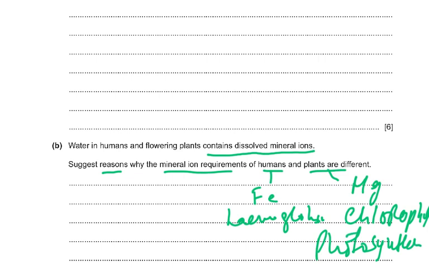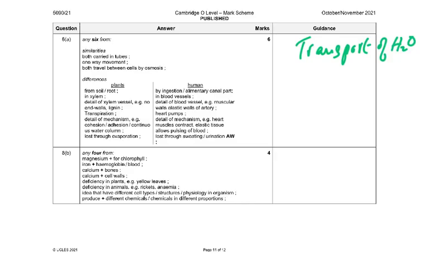Mineral ions and the requirements of humans and plants. Look at the mark scheme. The question is transport of water in living organisms, and you have to compare human and flowering plant. But when it says compare, then you have to do similarities and differences.